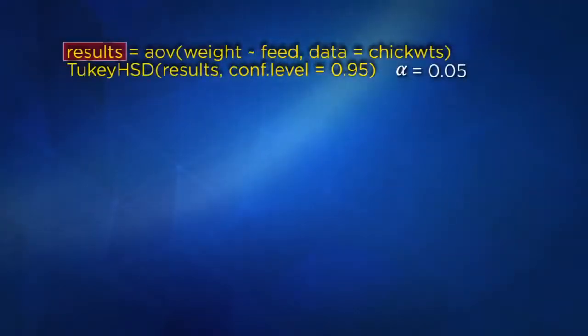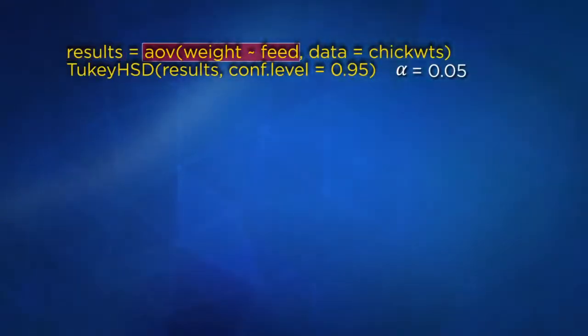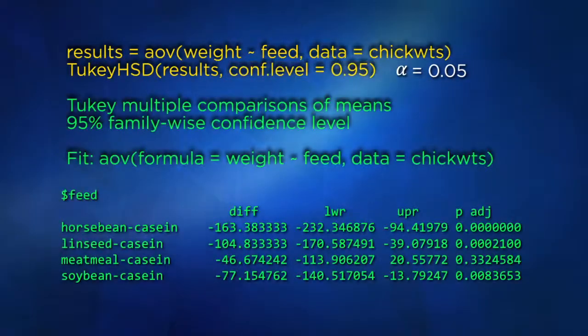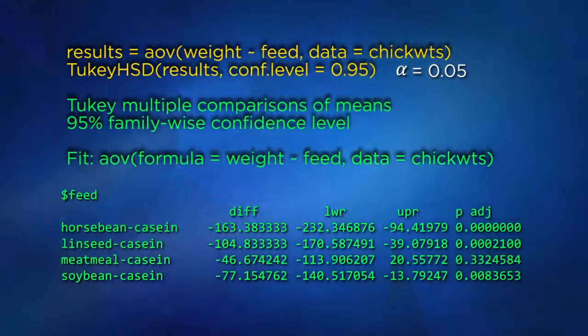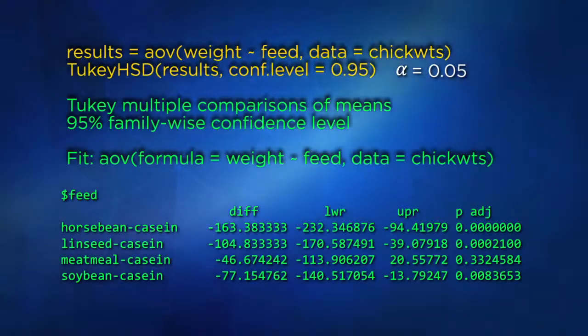Here are the results. So we've done our ANOVA of weight on feed, and now we're going to do a Tukey HSD on our results at a 95% confidence level. Notice here, we have the feed comparison, the difference, and the lower and upper ends of our confidence interval and an associated p-value.